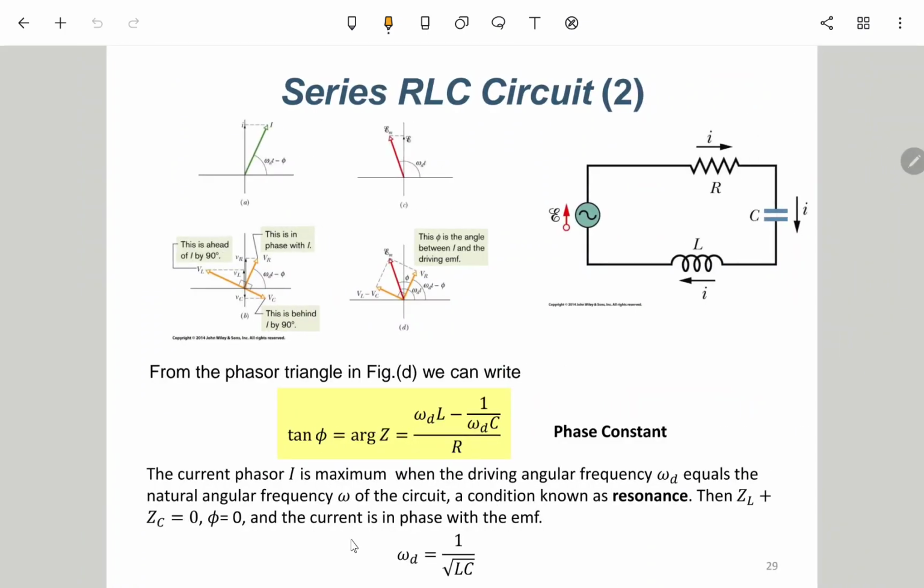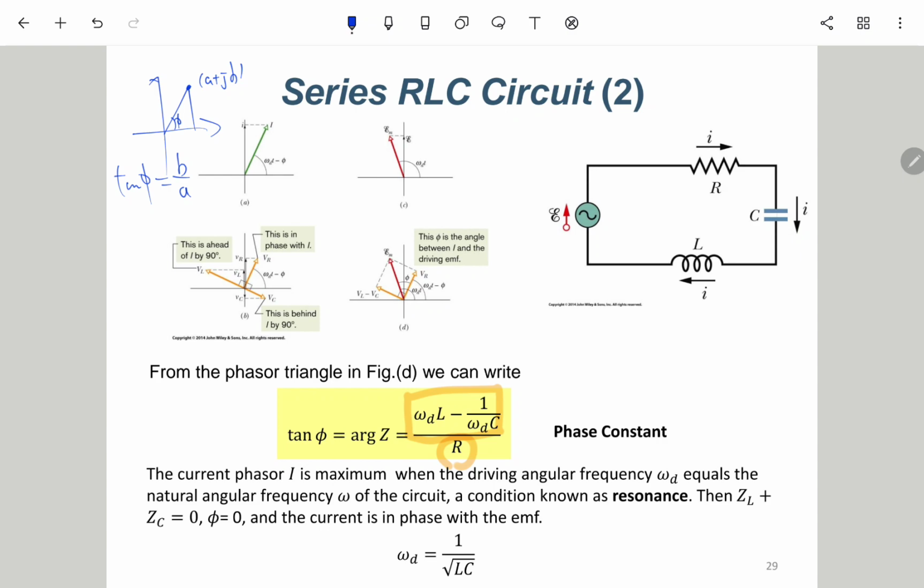So this angle can be between 0 and 90 degrees, or 0 to negative 90 degrees. But this angle is actually defined by this imaginary part over the real part. Okay, so if you have a complex number a plus jb, this angle phi has tangent phi equal to b over a.